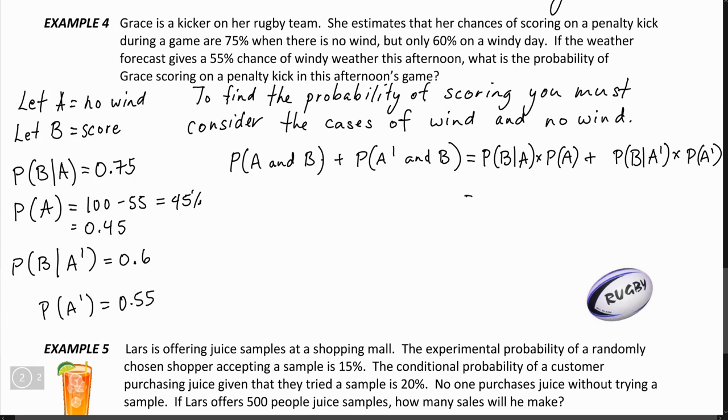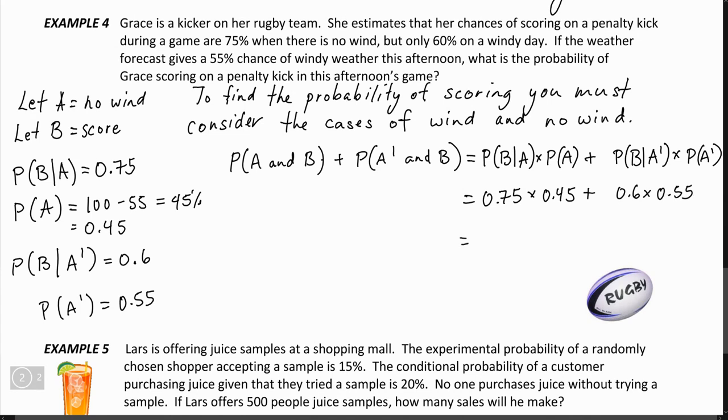Okay, so if I calculate this out, I have a 75% chance that she will score, given that there's no wind, times the 45% chance that there will be no wind, plus the probability that she will score, given that there is wind, which is 0.6, times the probability that there will be wind, which is 0.55.